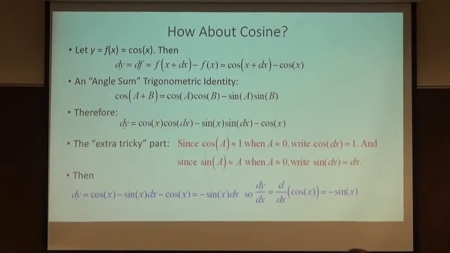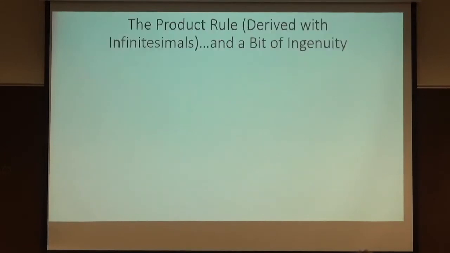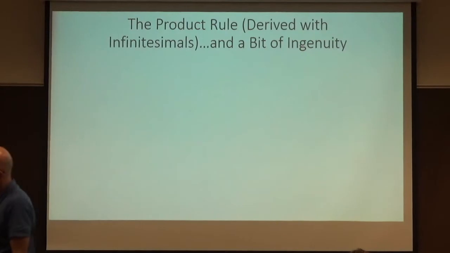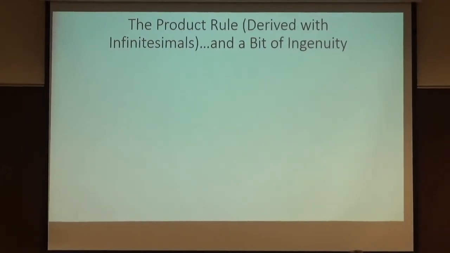This infinitesimal thing is useful for other things, like deriving the product rule. I think for the sake of time, I'm not going to go through the details here. It's on the slide. I would highly encourage you to think about it.